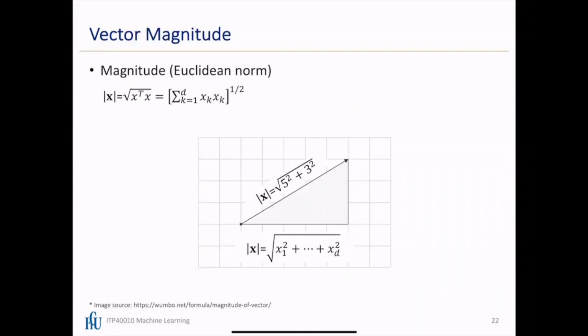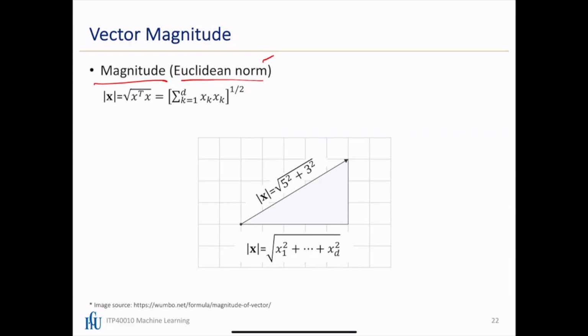When we talked about vectors having direction and magnitude, in order to calculate the magnitude, we often use a distance called the Euclidean distance, or in some cases we say the norm, the Euclidean norm. You have a vector, and the norm means the magnitude in a certain way.